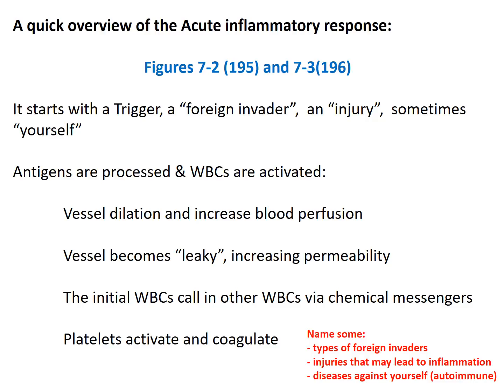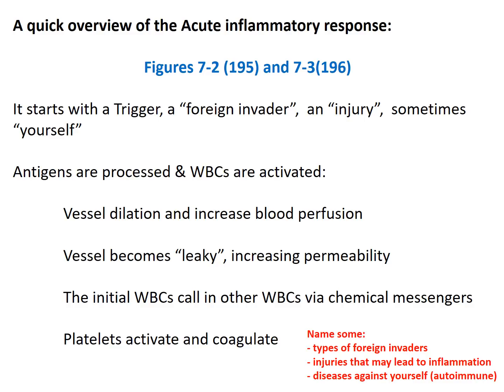All inflammation begins with a trigger. Most of the time it's a foreign invader, such as an infectious organism, an allergen, an inanimate object, bug saliva, right? Something foreign to us usually triggers it. Sometimes an injury can trigger inflammation, damaging your cartilage or ligaments when you twist your ankle.